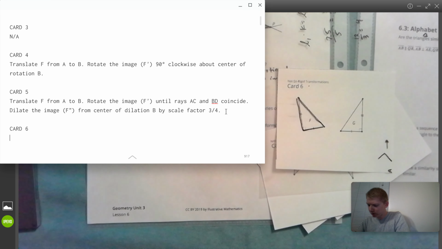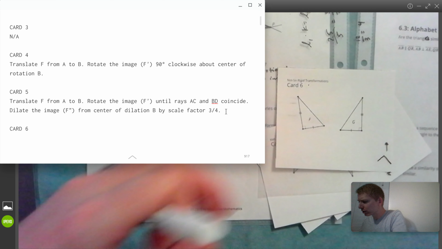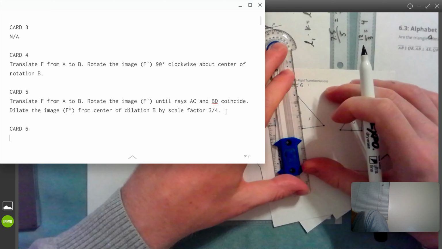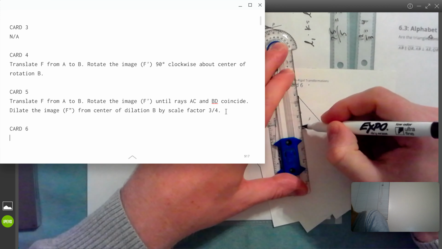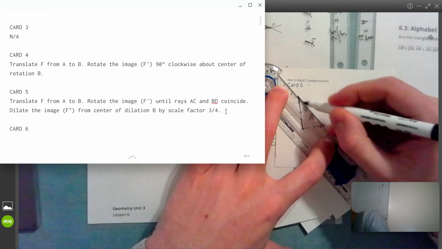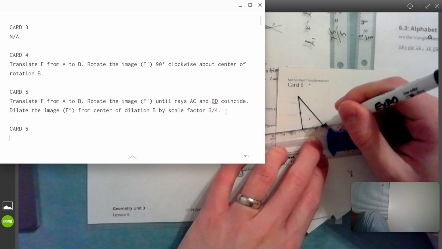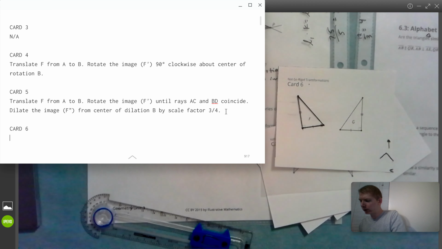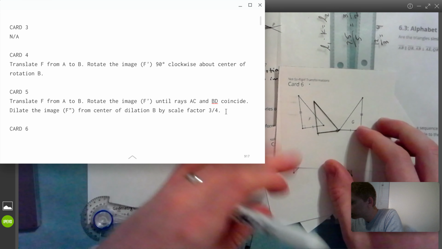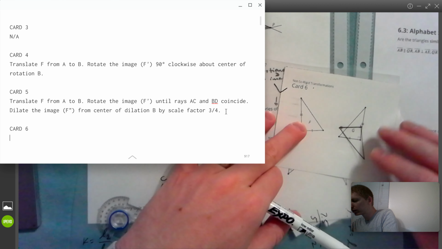You know, I could do this better if I use the ruler. All right, so we're probably going to need to translate and then rotate and then reflect.